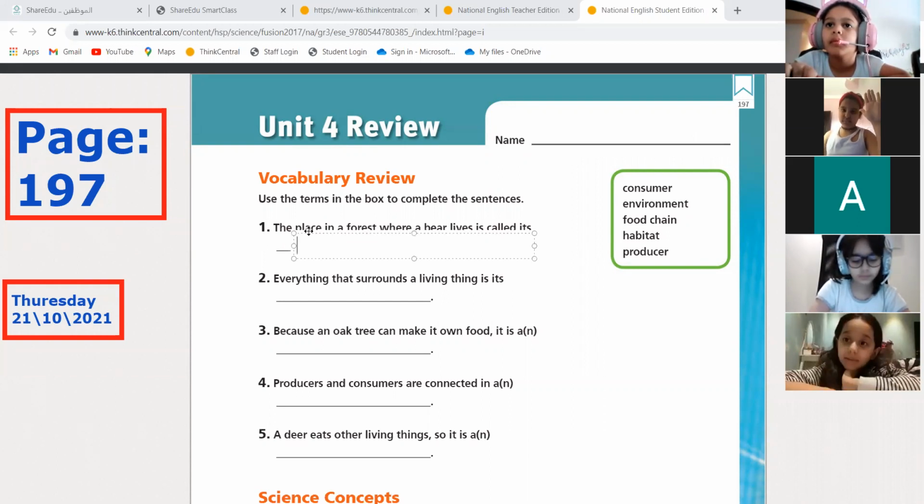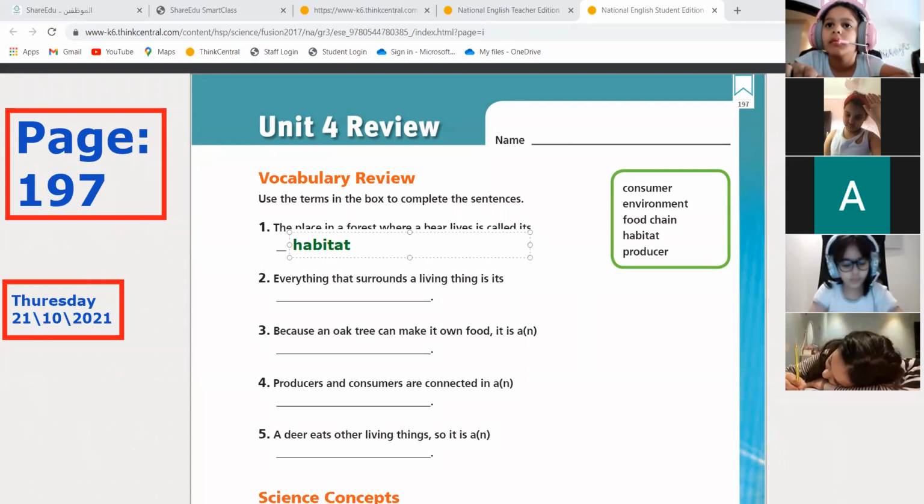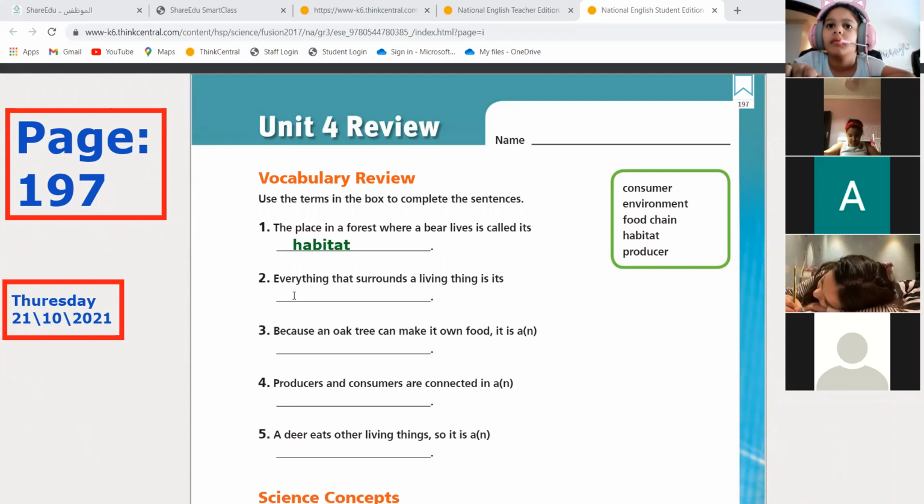Hi, Alina. Yes. Can you read number 2, please? Everything that surrounds a living thing.